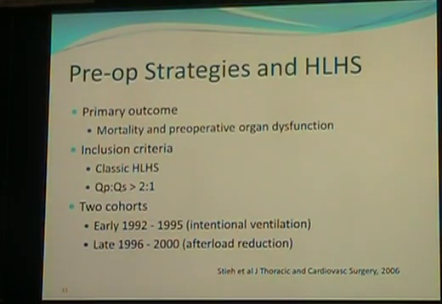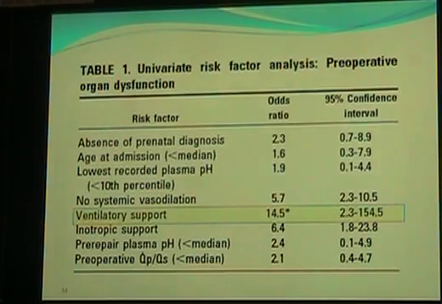This is an example of a study back in 2006 where they looked at kids that were having high shunt fractions, and they compared intentional ventilation to 92 to 95 versus primarily afterload reduction. So that would be using milrinone as an example, or nitroprusside or nitroglycerin.